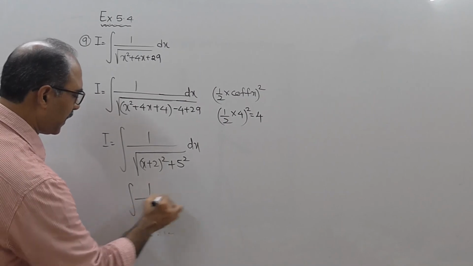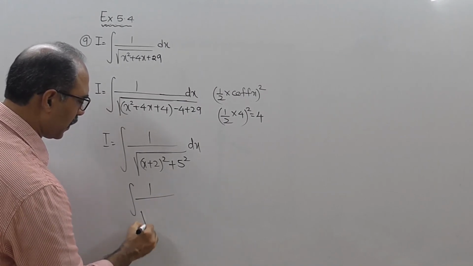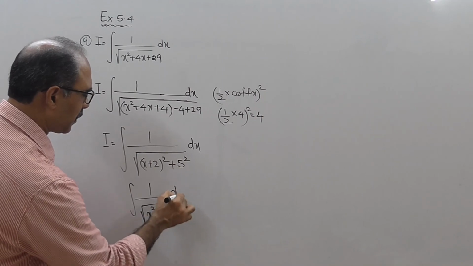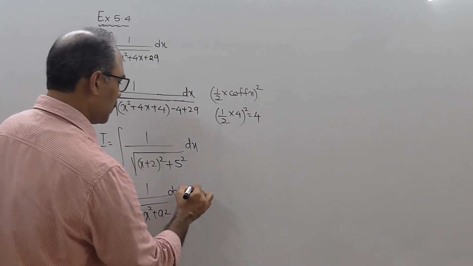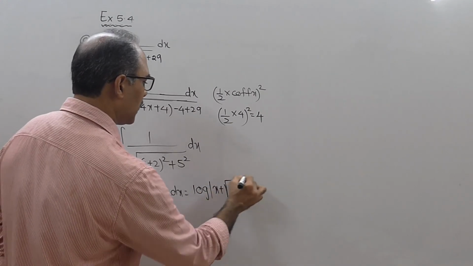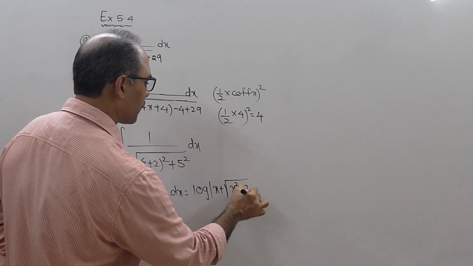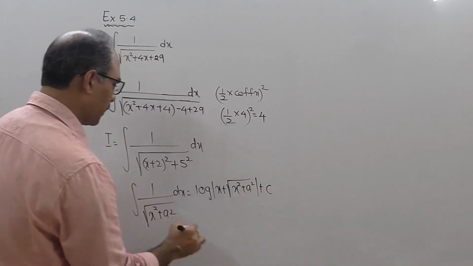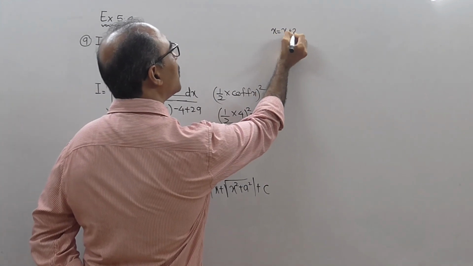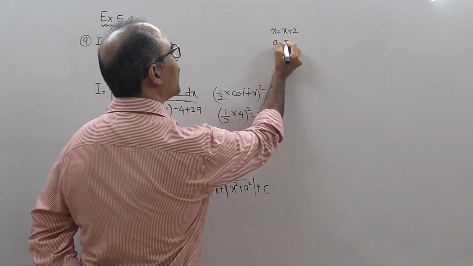This is in the form of integration 1 upon root of x square plus a square dx. So this will be log modulus x plus root of x square plus a square plus c, where your x will be equal to x plus 2 and your a will be 5.